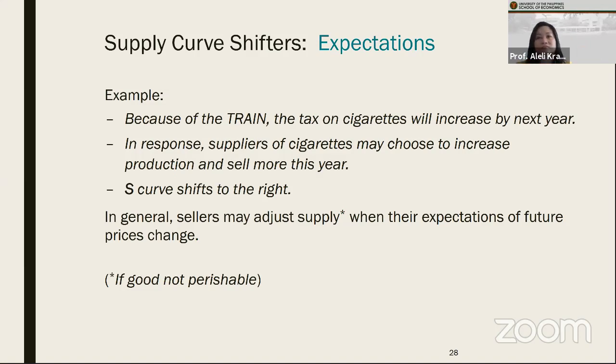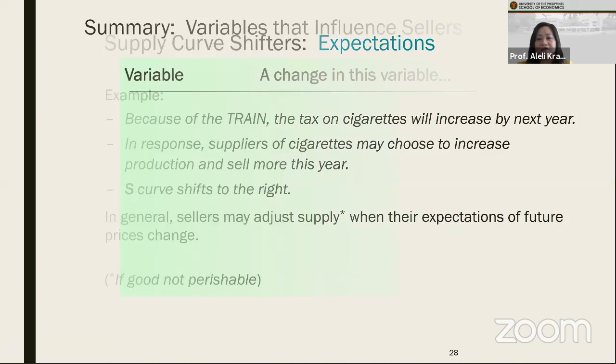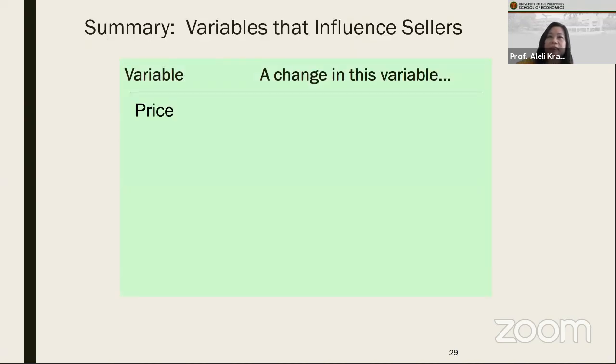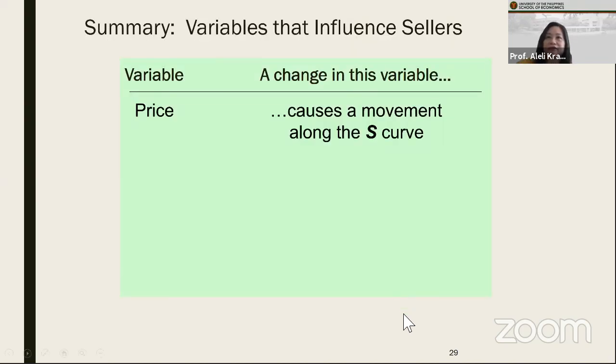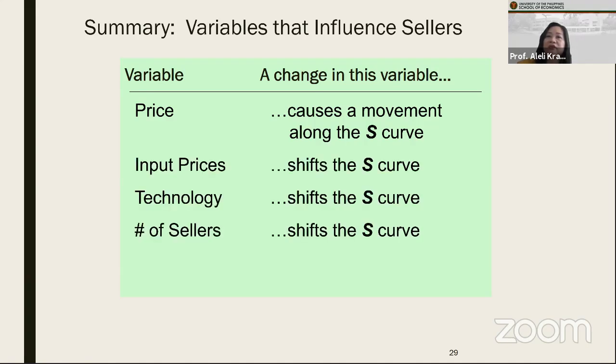Okay. Therefore, to summarize, the variables that influence the quantity supplied, of course, price. Similar to the effect on the quantity demanded, a change in price causes a movement along the supply curve, while all the other things that we have kept constant when we drew a particular supply curve, any change in those would shift the supply curve.